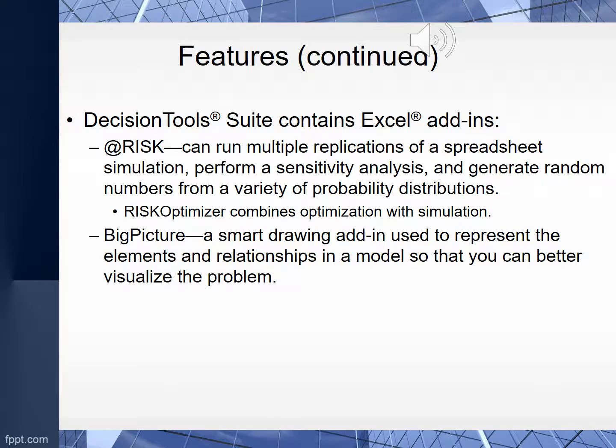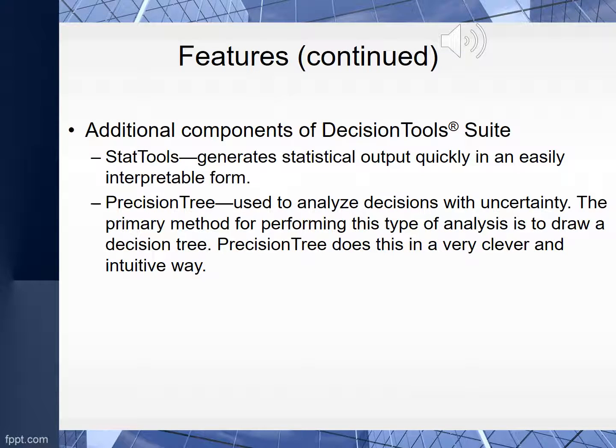We will also use BigPicture, a smart drawing add-in used to represent the elements and relationships in a model so that you can better visualize a problem. Some additional components of the Decision Tools Suite include StatTools, which generates statistical output quickly in an easily interpretable form, and PrecisionTree, which is used to analyze decisions with uncertainty. The primary method for performing this type of analysis is to draw a decision tree, and this does so in a very clever, intuitive, and user-friendly way.